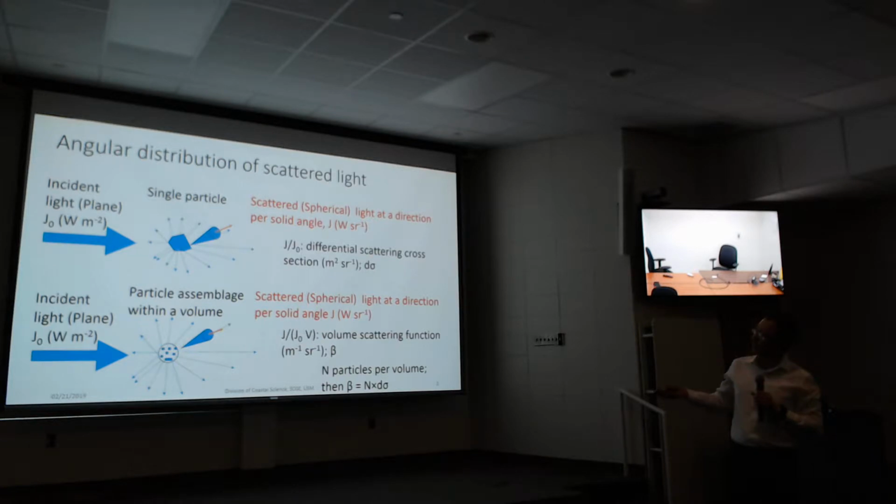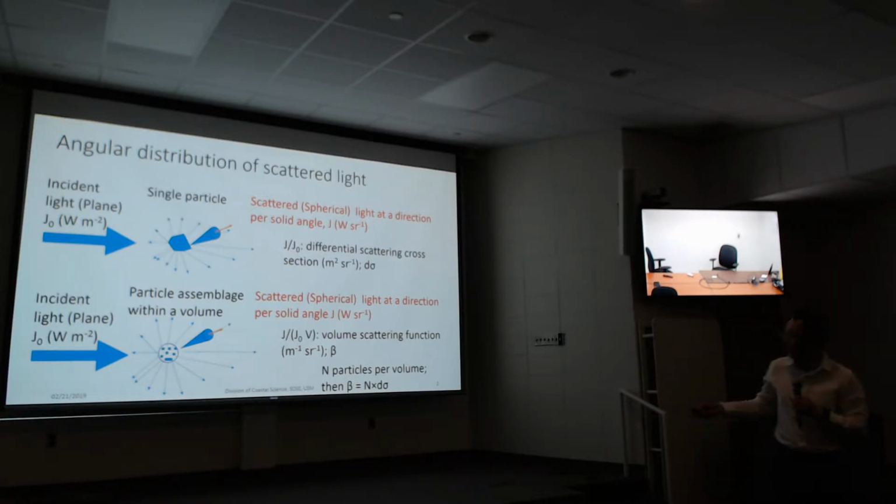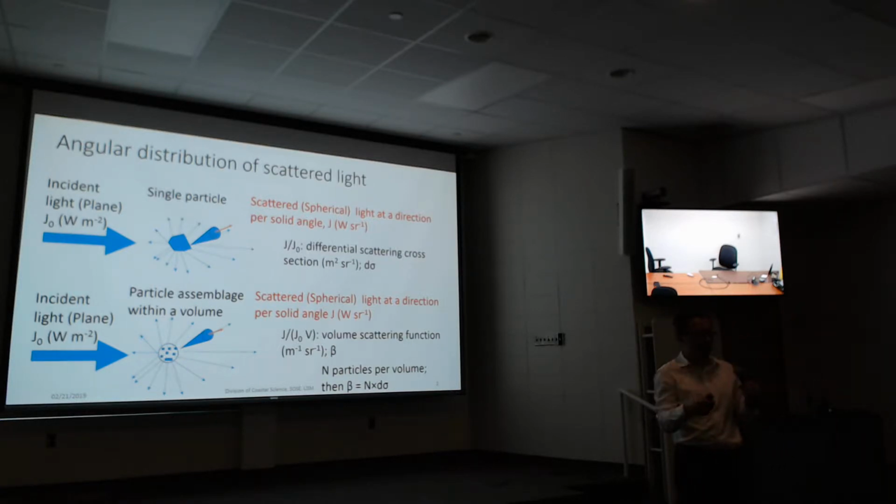If we assume that all the particles within this volume are the same, and we have n particles, the volume scattering function is simply n multiplied by the single particle scattering cross-section. This is exactly the way we quantify scattered light at different angles.